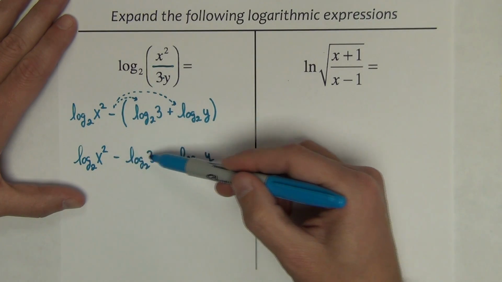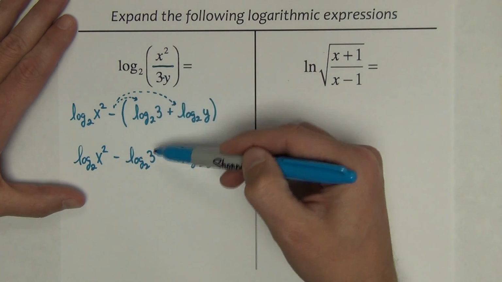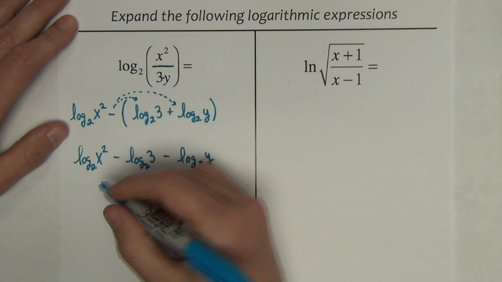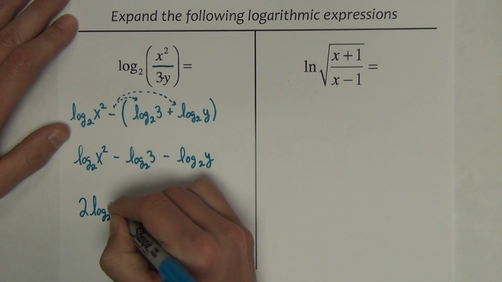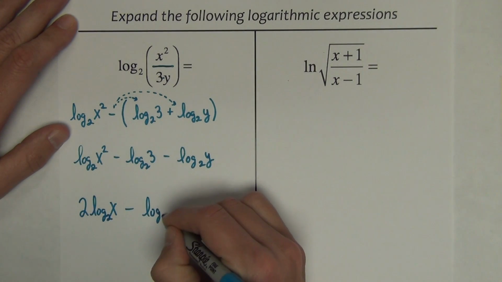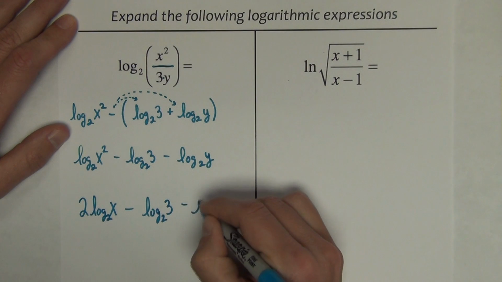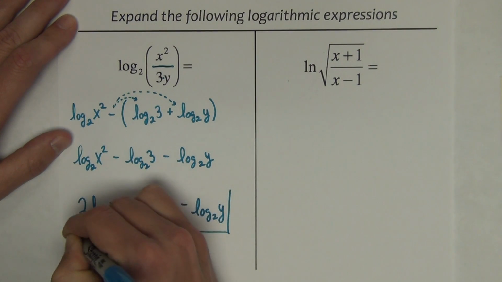I go ahead and put a subtraction on each of them because I'm dividing by each of them. But either way you want to start, you can get to the same thing. Now all I do is rewrite this first one as 2 log base 2 of x, so the power just moved to the front. This one has no power to move, and this one has no power to move. And that's finished.